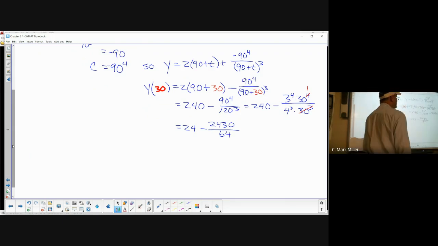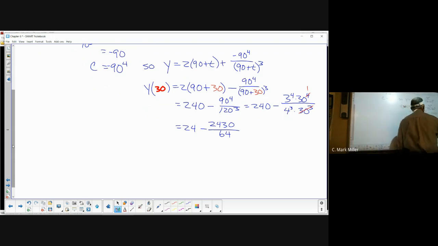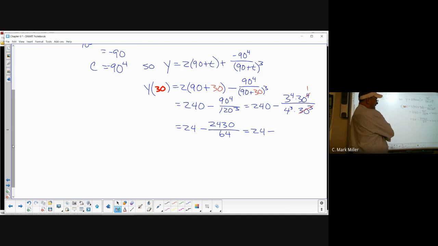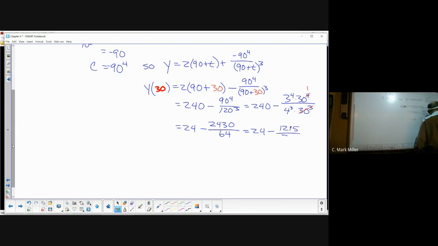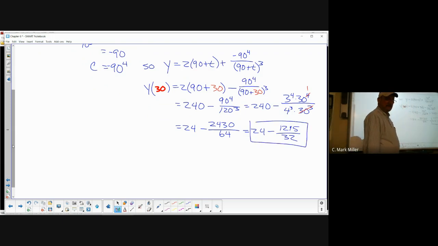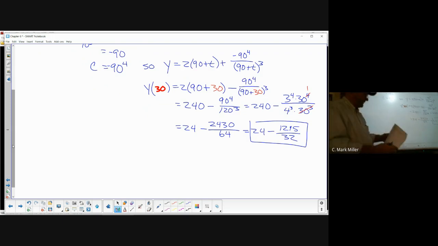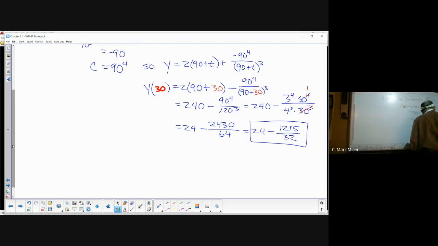And that actually reduces some, doesn't it? Yeah, that reduces. That's going to be 240 minus, top and bottom are divisible by 2, so that's 1215 over 32. On a test, that's your final answer. That comes out to be around 202 pounds of salt.